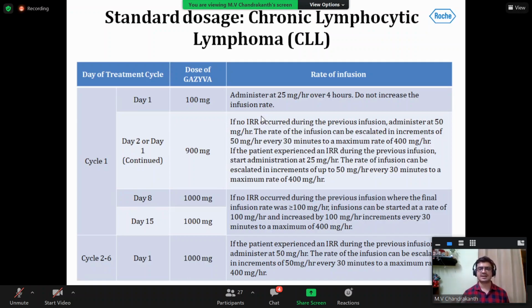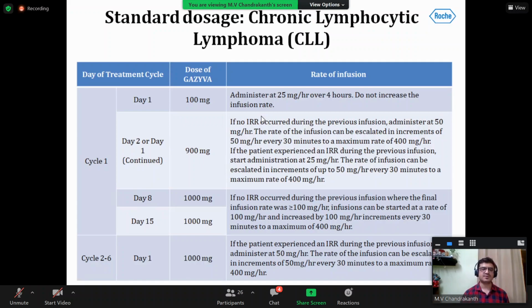That's it. This is in the first week of infusion, whereas on the subsequent weeks, day 8 and day 15, it is 1000 milligram flat and 1000 milligram flat. And then from cycle 2 to cycle 6, it is 1000 milligram on day 1 only. So you have an initial intense weekly regimen followed by monthly infusions.